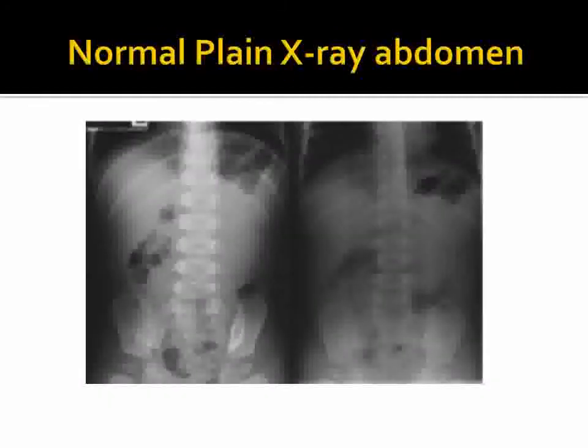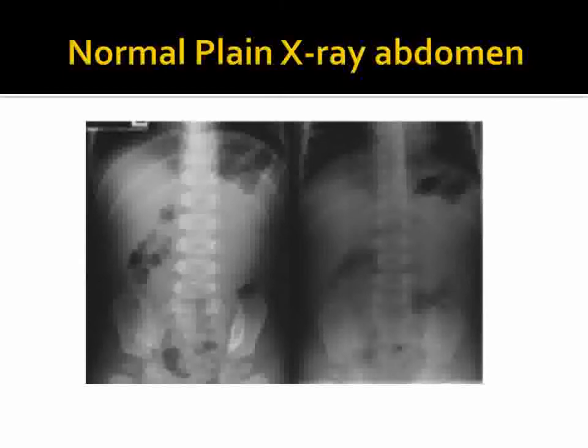After that, the air starts to distribute in the abdomen, so you will find pockets of air distributed in the abdomen. But if you look at it, there are no dilated loops and there are no air fluid levels.